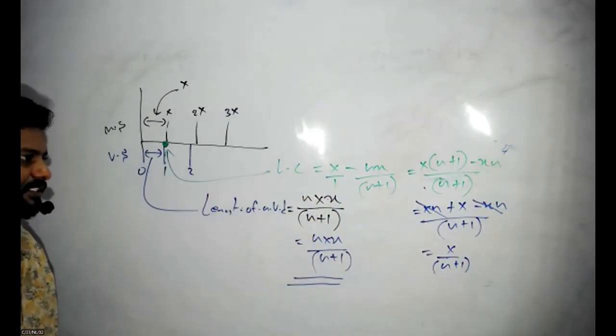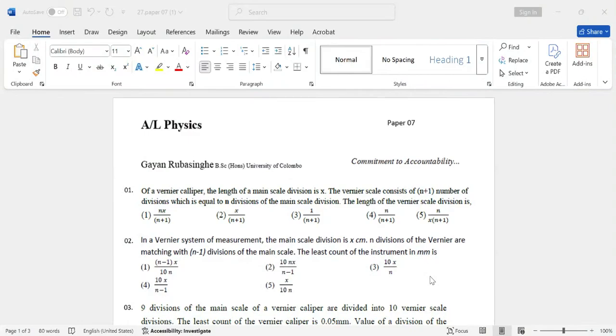Then you can find the answer for the next question, right? In a vernier system of measurement, the main scale division is x centimeter. The main scale is calibrated in centimeters, right? And n divisions of the vernier scale are matching with n minus 1 divisions of the main scale.